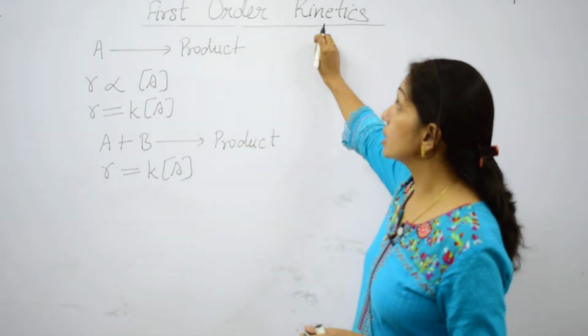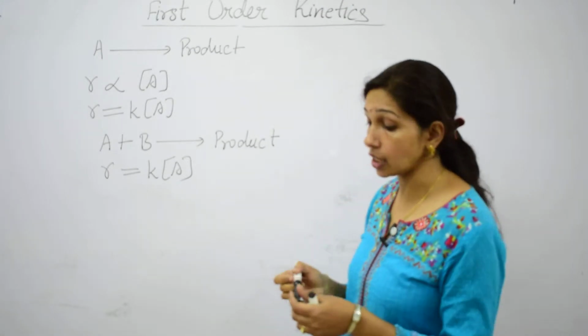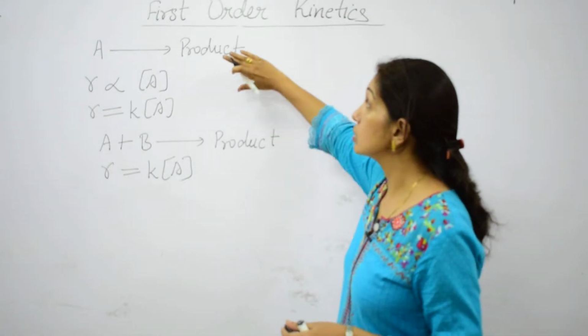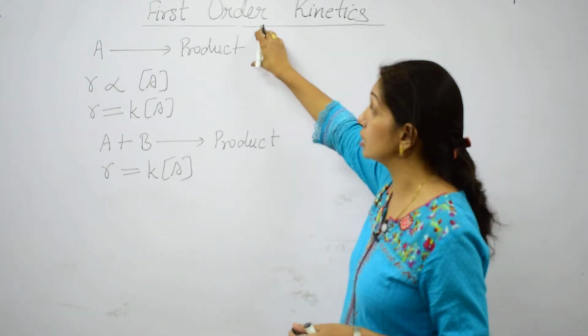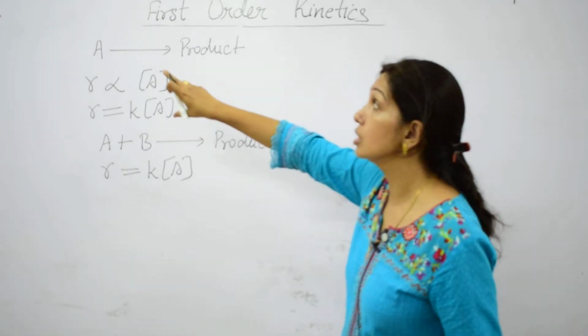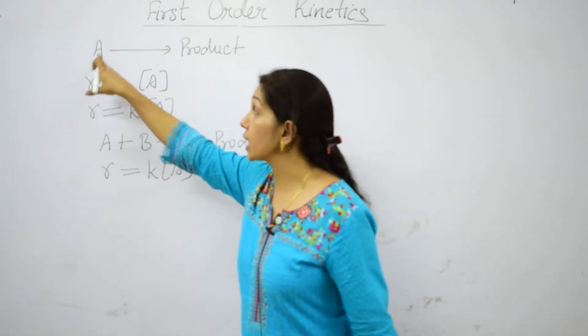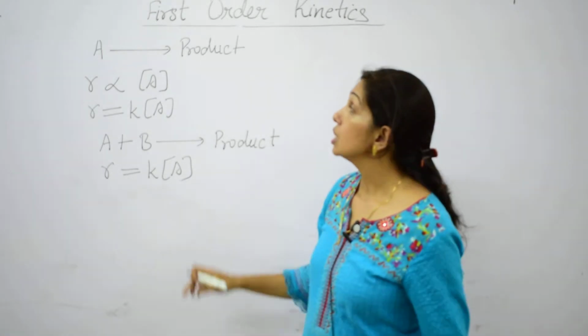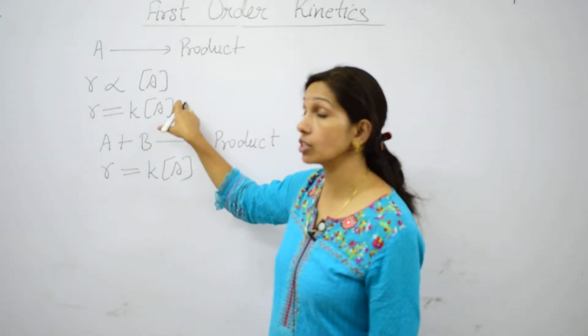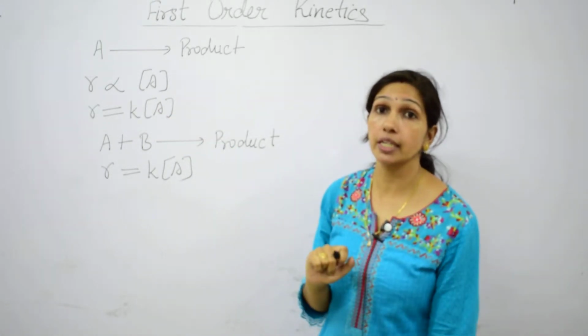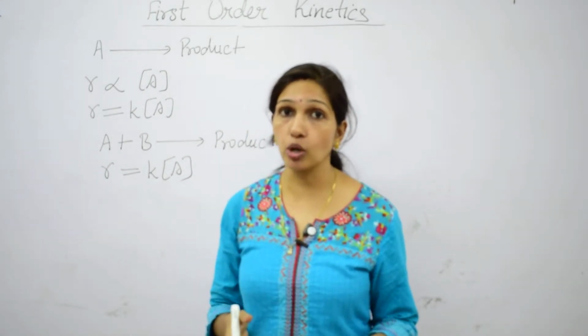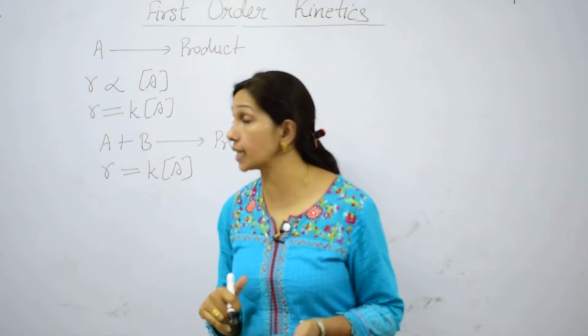Now, to understand the kinetics of first order reaction, we can take the case of first reaction where A reactant changes into product. The instantaneous rate of reaction for this particular reaction can be given in terms of minus dA by dt.